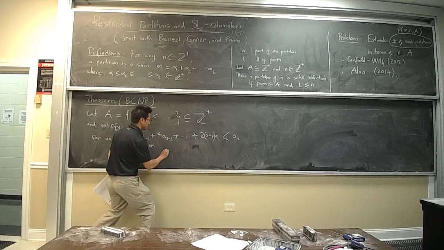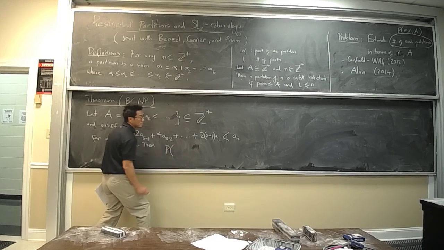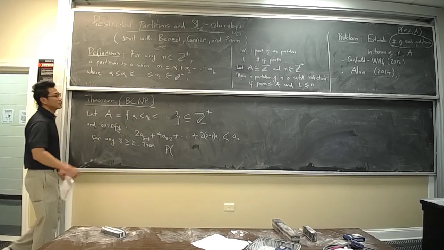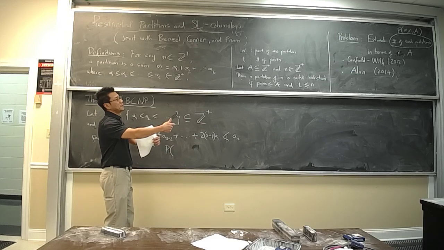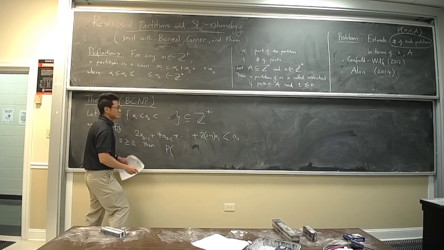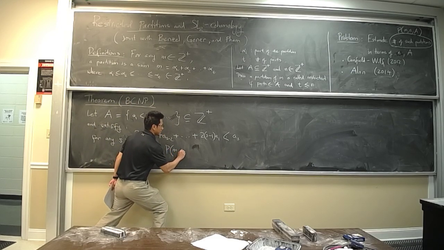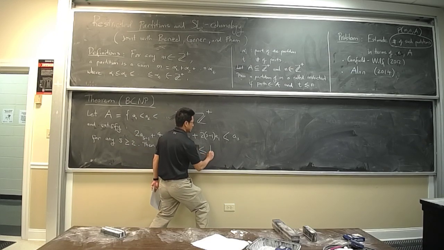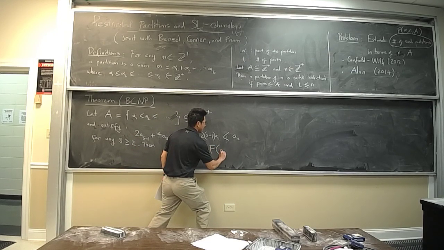we have the following. The number of restricted partitions into at most n parts from the set A will be less than or equal to f sub n.